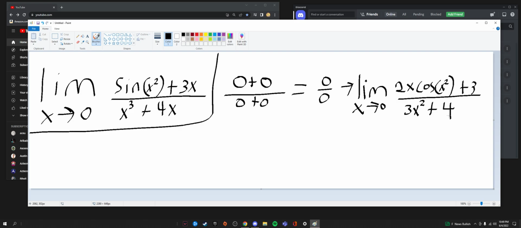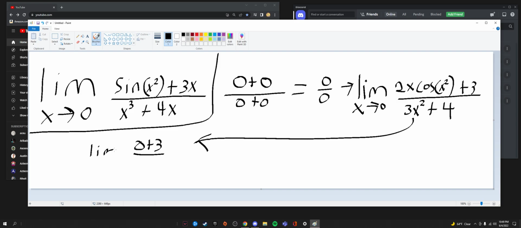Now that we have it differentiated, we can try plugging in 0 again and evaluating the function at 0. So 2 times 0 is 0. Cosine of 0 is 1, but 1 times 0 is 0. So we would ultimately have 0 plus 3 in our numerator over, and let me write our limit, x approaches 0.